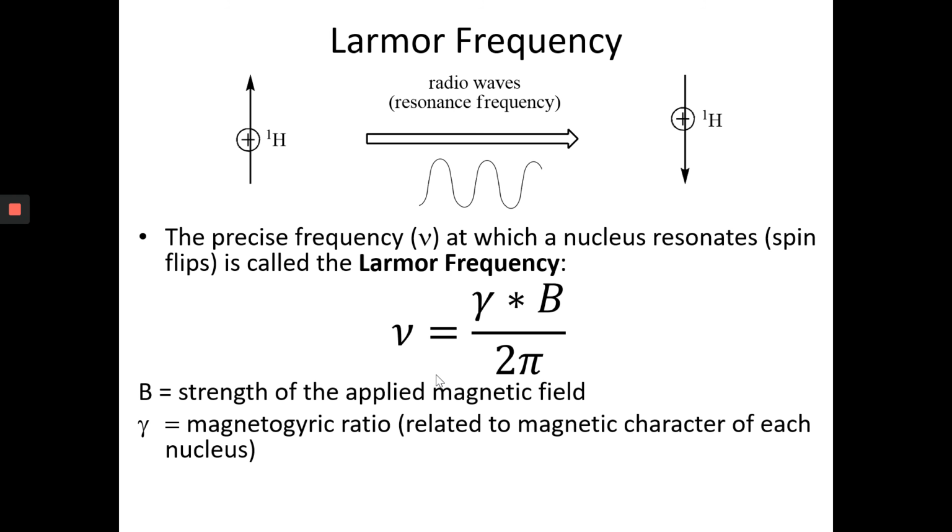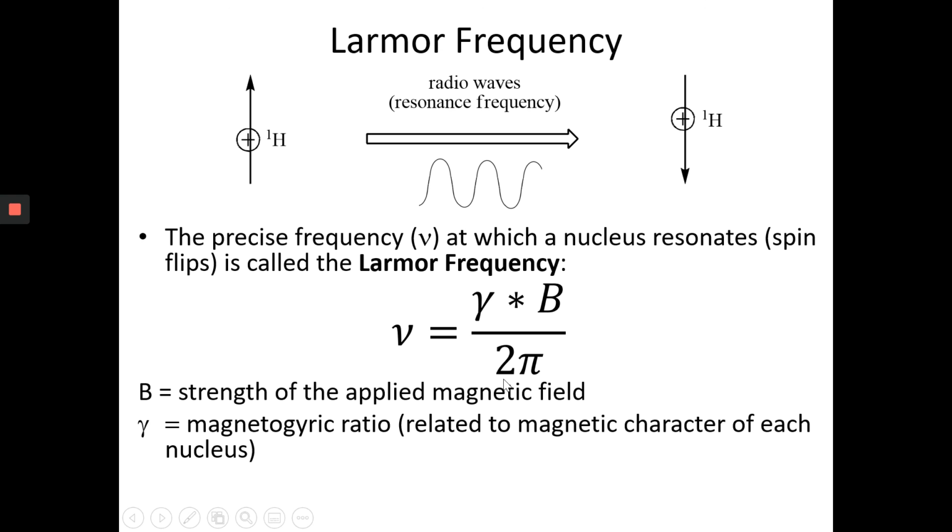Gamma, that little squiggly guy, this is a lowercase Greek letter gamma, is what's called the magnetogyric ratio. And that's related to the magnetic character of each nucleus. All that's saying is that it basically is a number that tells you how good of a magnet that nucleus is. So H1 has a different magnetogyric ratio than, for example, C13, but all H1 nuclei have the same magnetogyric ratio.